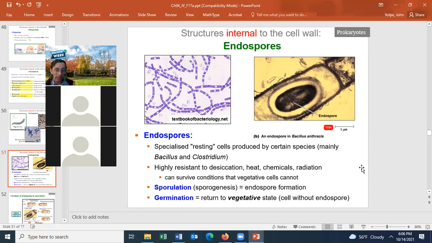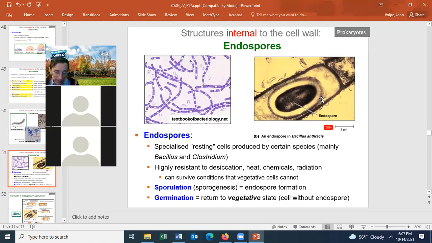And the point of this endospore is for the cell to survive when the environment becomes detrimental to the parental cell. We have a term for that parental cell, and we call it the vegetative state of the cell.